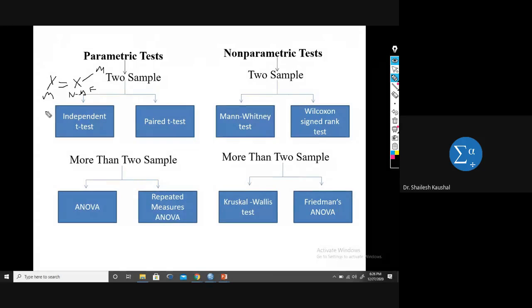I want to compare two means. My null hypothesis is that there is no significant difference between the salary received by male and female teachers in the private sector. My alternate hypothesis is that there is a significant difference.